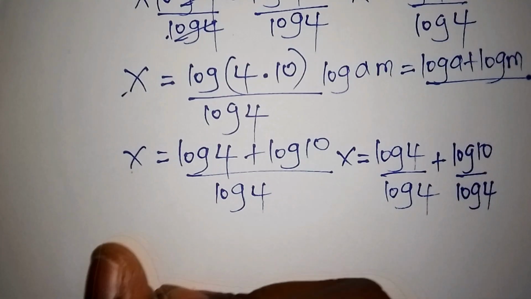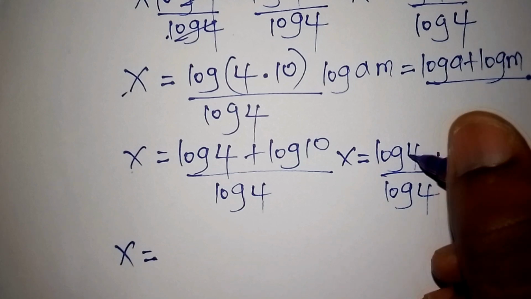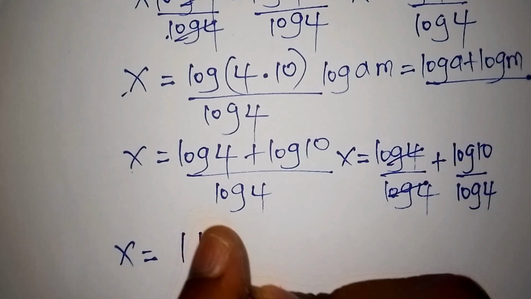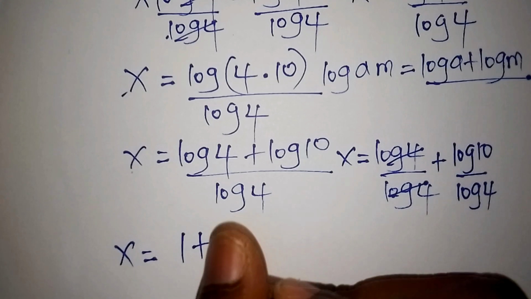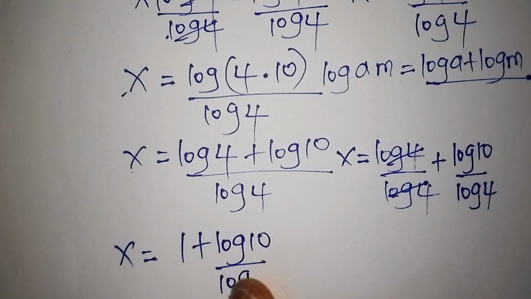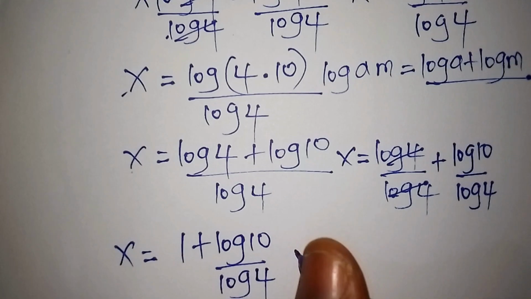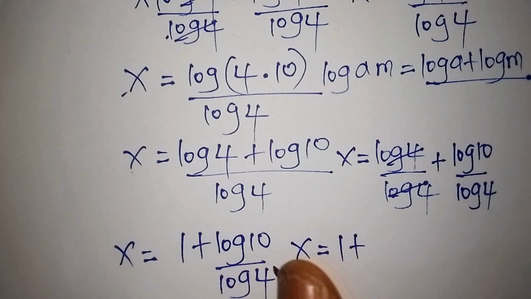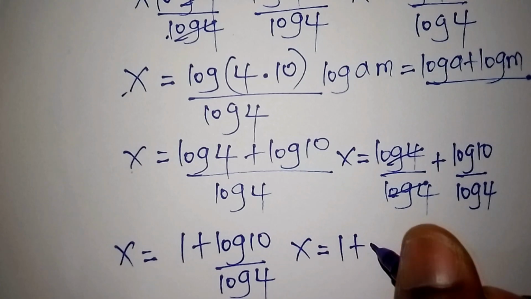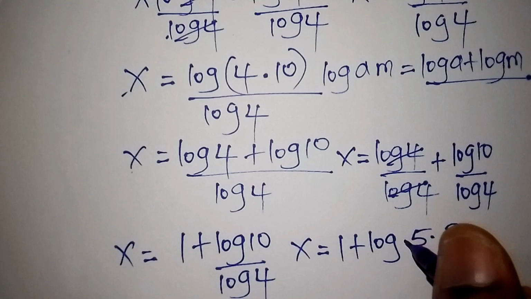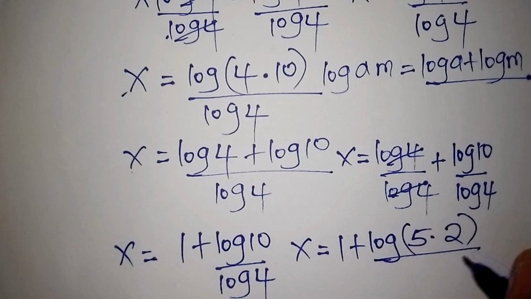This way, the value for x is equal to, the log 4 and log 4 cancel, so we now have 1 plus the log of 10 all over the log of 4. So that means our value for x can still be written as 1 plus, the log of 10 can be written as the log of 5 multiplied by 2, in brackets, all over the log of 4.